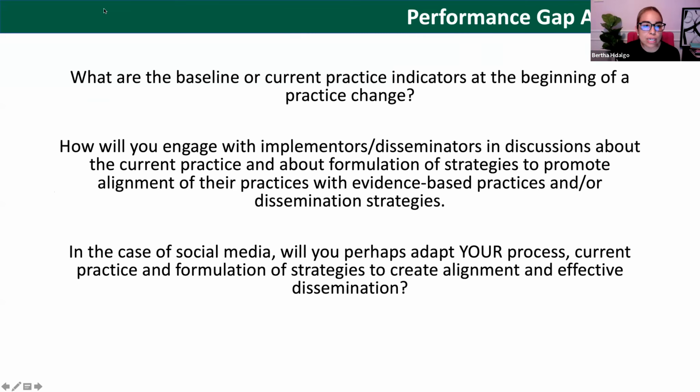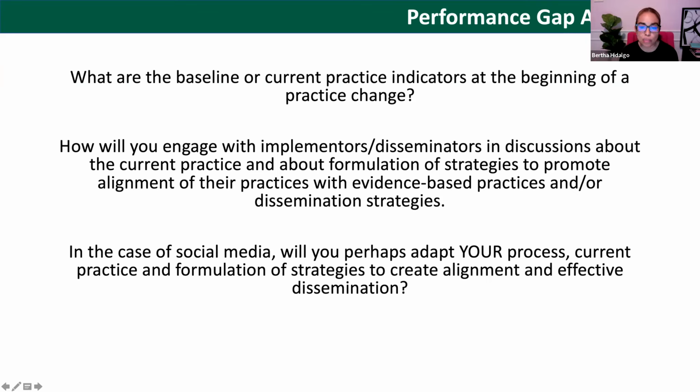Additionally, and really important, I think, is to understand what is the gap. What are the baseline or current practice indicators prior to this practice or information change? Will you engage with the disseminators in discussions about the current practice or the formulation of strategies so that you can be in alignment with what you're trying to promote and what will be effectively disseminated?